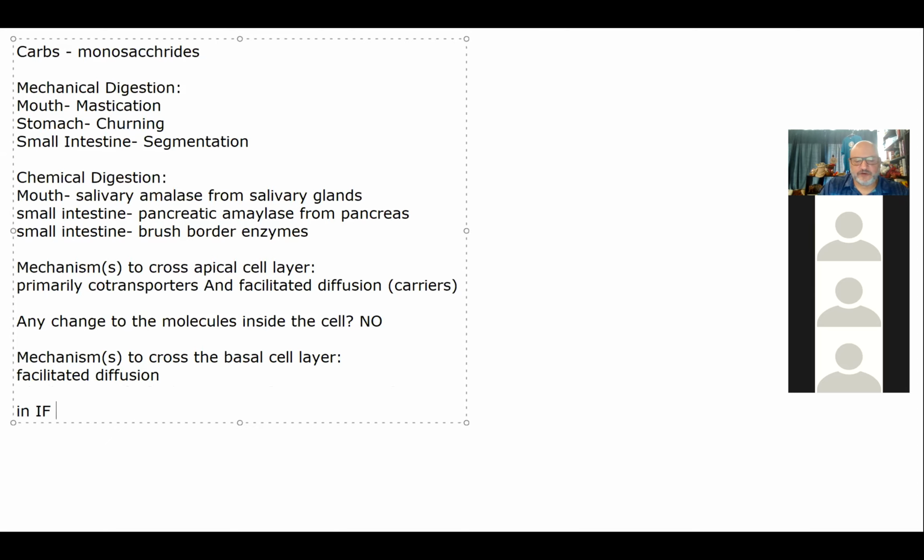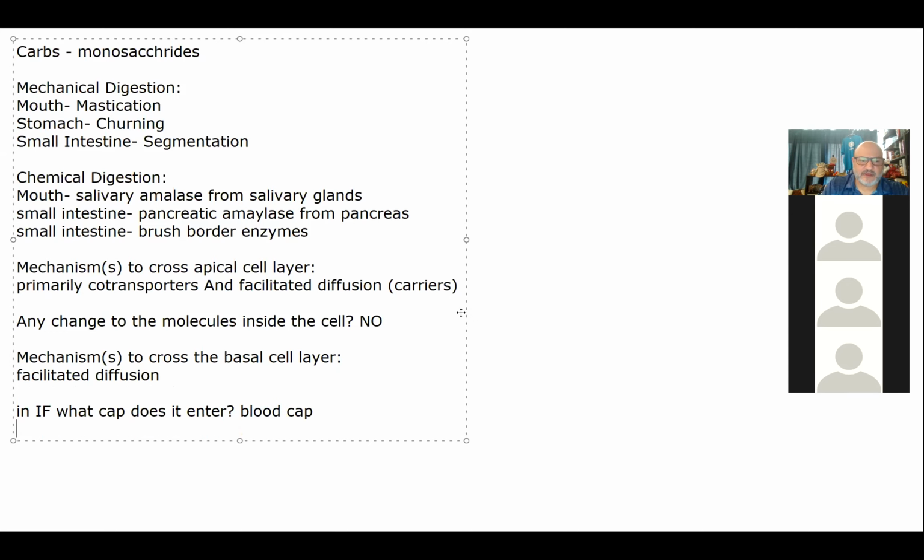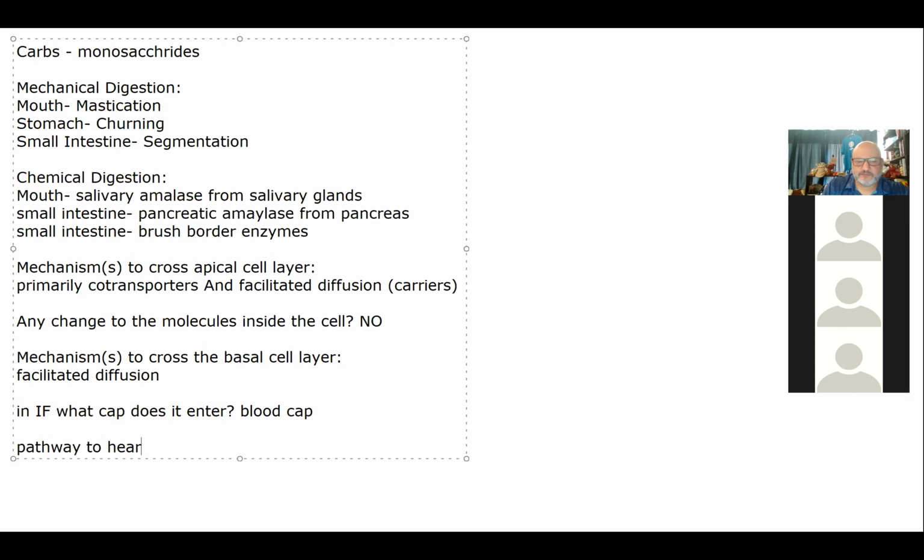In the interstitial fluid, what type of capillary does it enter? Blood capillary, excellent. And then, of course, the pathway to the heart. Intestinal vein.